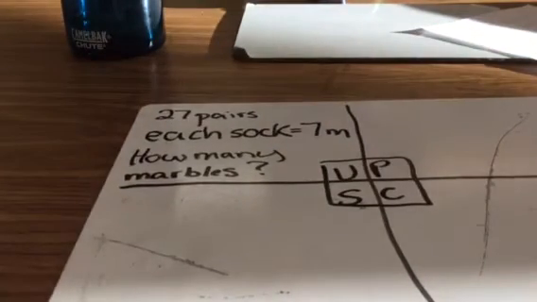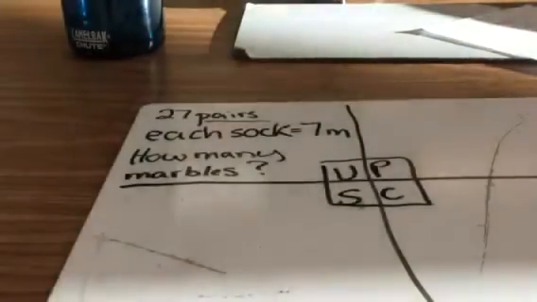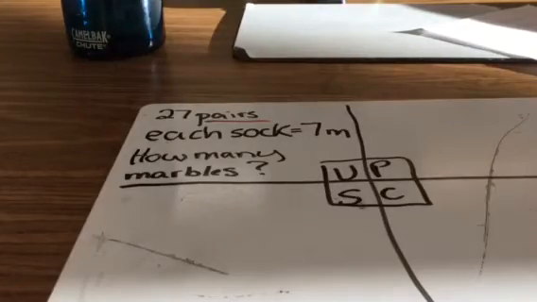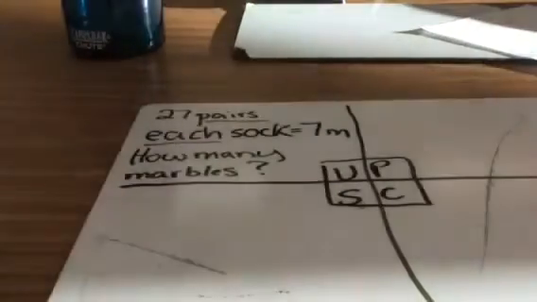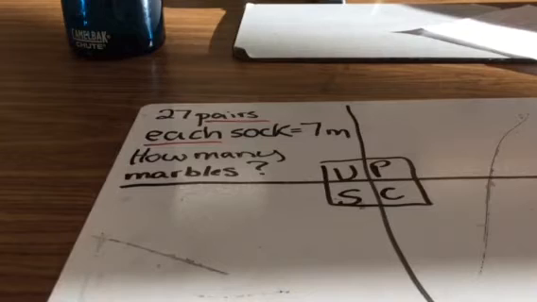Okay. All right, so we need to make sure we're paying attention to what's happening here. We need to know that pairs means 2. We see the word each. I've told you before, each means either multiplication or division.